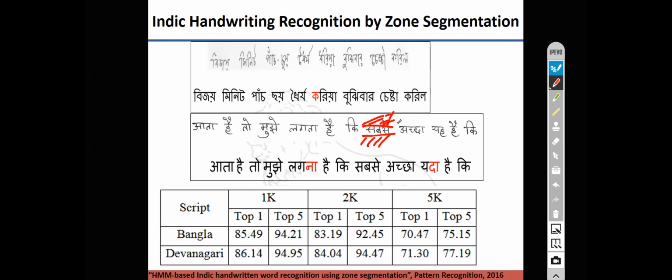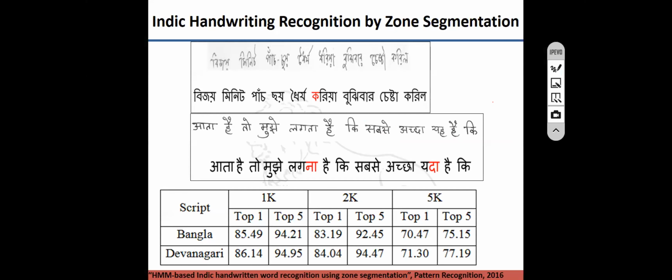In this middle zone, mostly those characters will remain the same. For example, if you do not consider this upper modifier or lower modifier, this will be 'her' only. So the same character class will remain. Now we can reduce the number of classes by a huge amount. It can be 60 to 70, by removing the upper and lower parts.